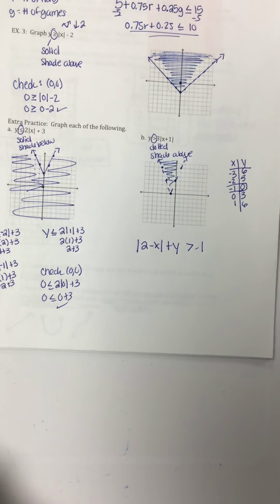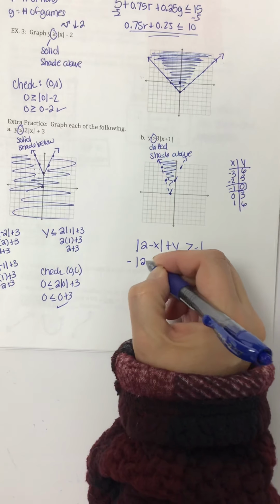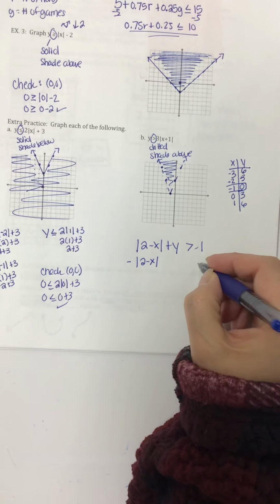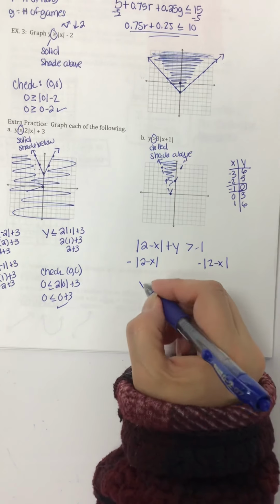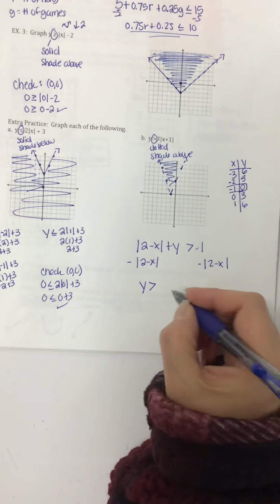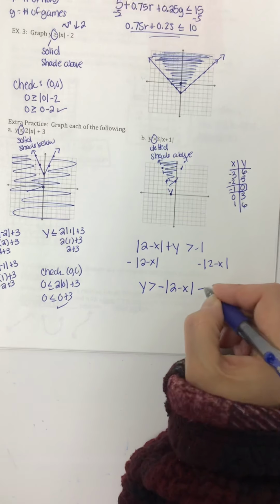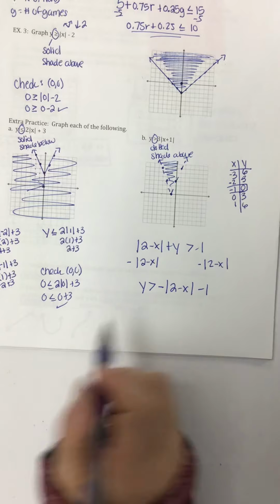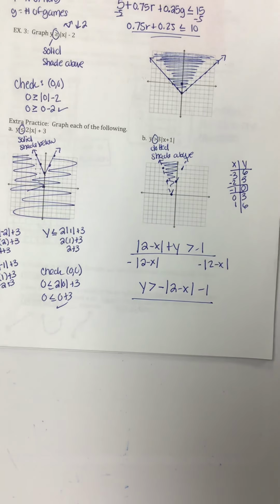So if we need y by itself, you can subtract that entire absolute value to the other side. So that means you would have y is greater than negative absolute value of 2 minus x and minus 1. So I want you to know that these two are the exact same things. It's just manipulated.